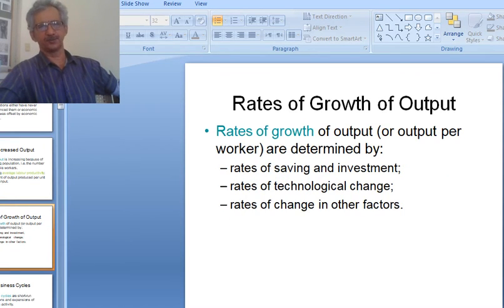So rates of growth of output, we usually say GDP growth rate or output growth rate. Rates of growth of output or output per worker are determined by the rates of saving and investment. The worker's output can be increased by an increase in savings and investment, technological change, improvement in technology, and rates of change in other factors.